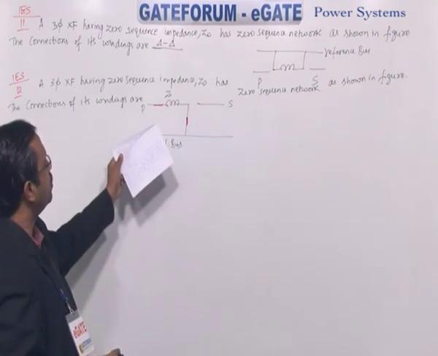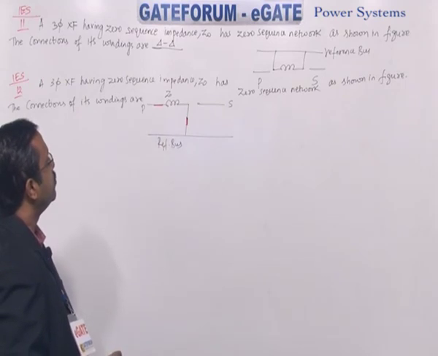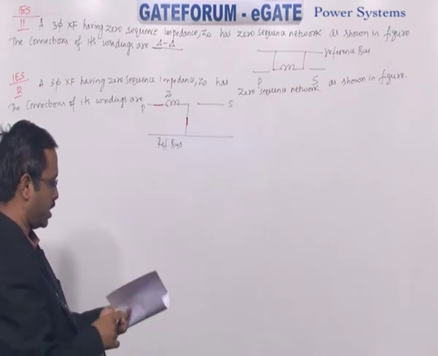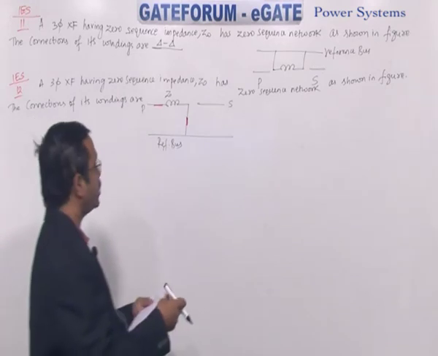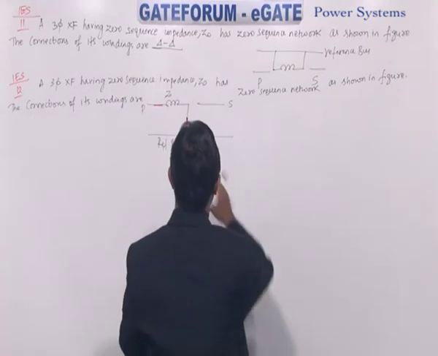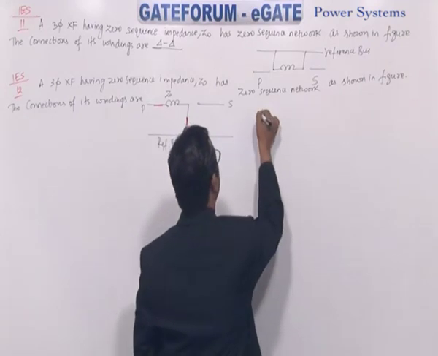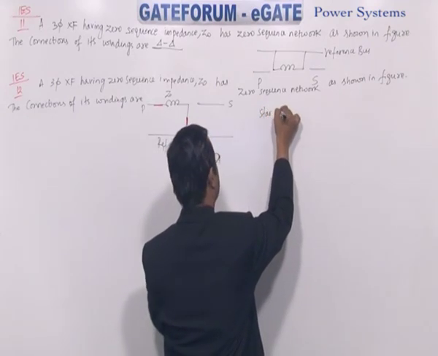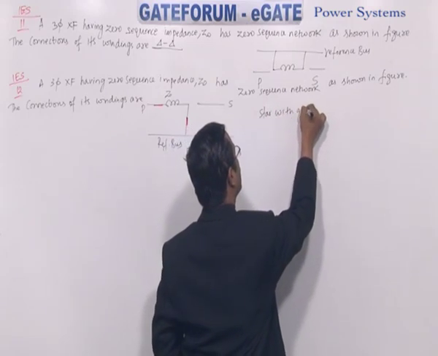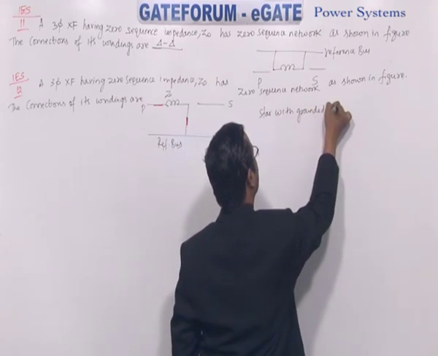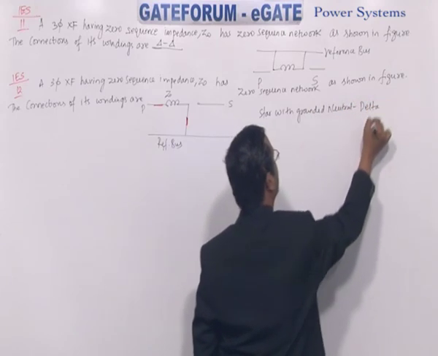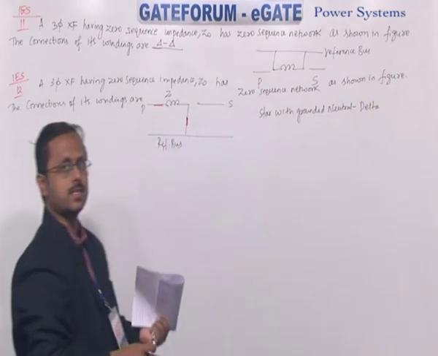So primary switch closed like this means the primary winding is connected in star with grounded neutral. What about the secondary? Delta.